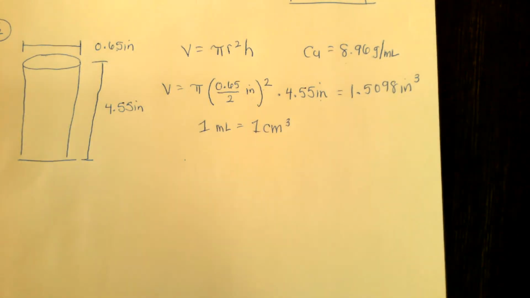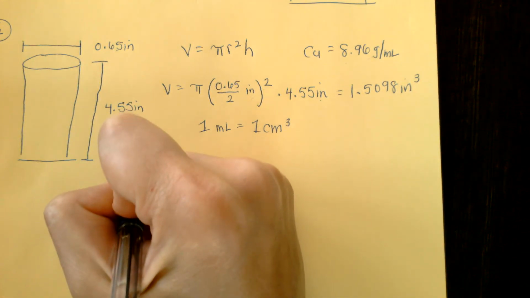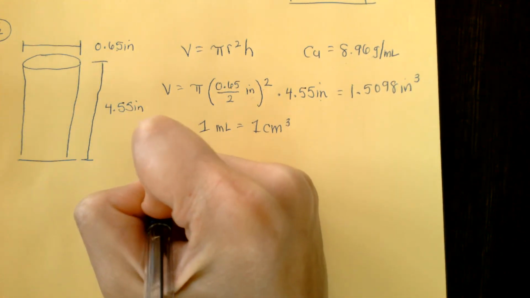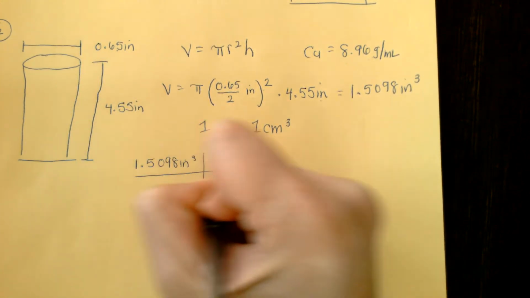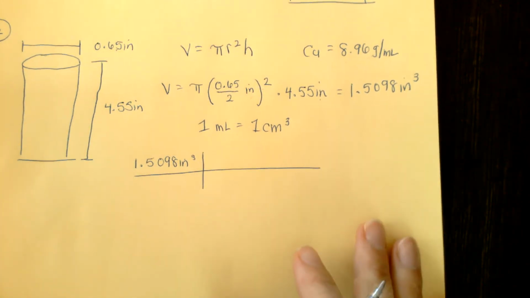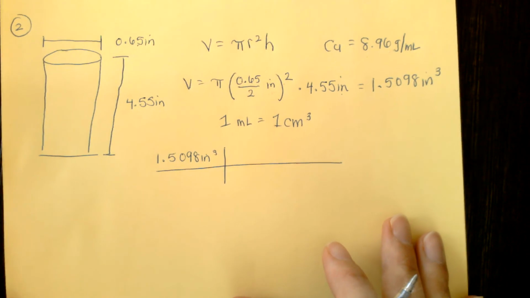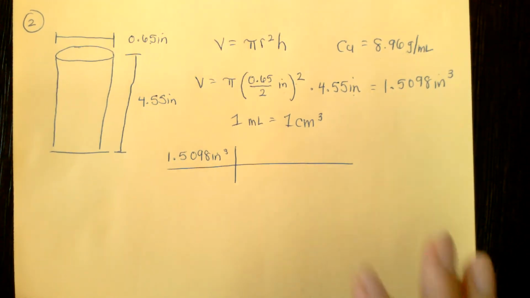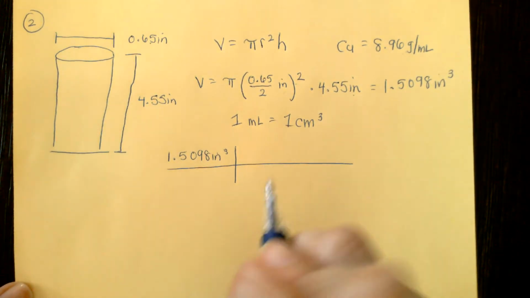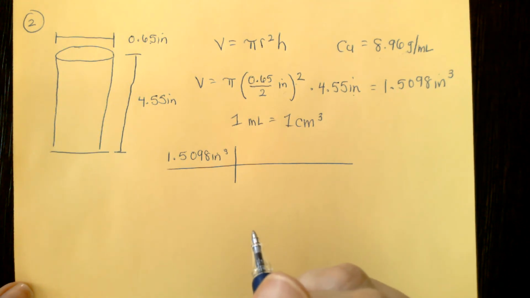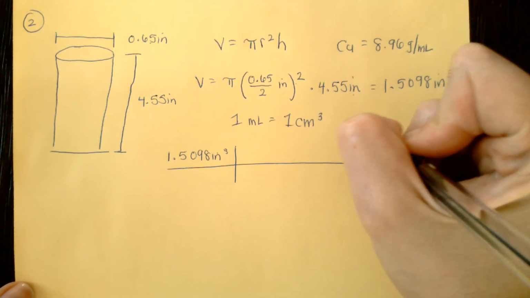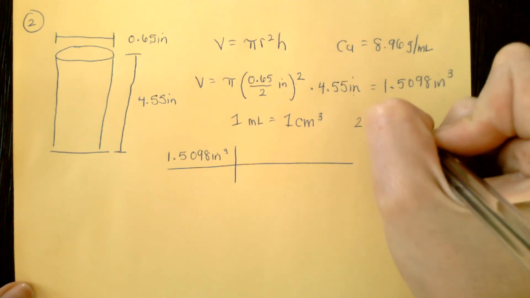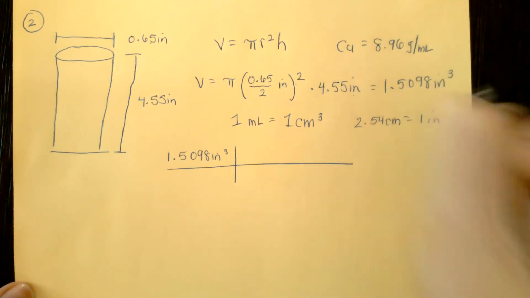Okay, so I'm not going to worry about my significant figures just yet. So I'll keep all of these for now. So looking up on a conversion chart or getting a list of conversions from your book or from the modules, it's 2.54 centimeters equals 1 inch.